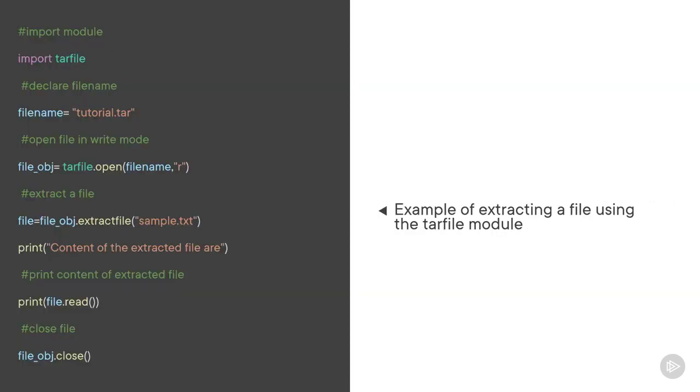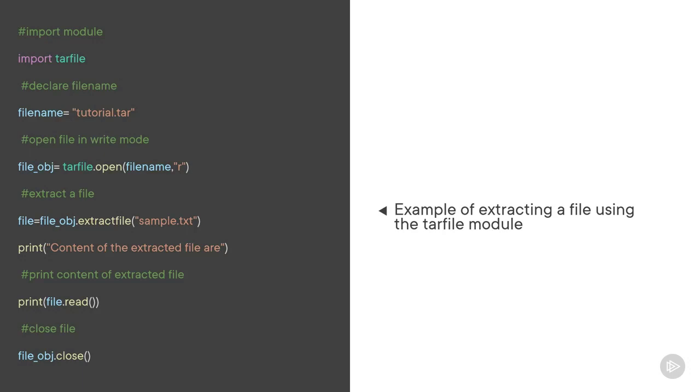Now let's take a look at some code and examples of using tarfile. In this example, we're extracting a file using the tarfile module. At the beginning of our code, we're importing tarfile. Again, we don't need to install it separately using pip. Then we specify our file name, which is our tar file, tutorial.tar.